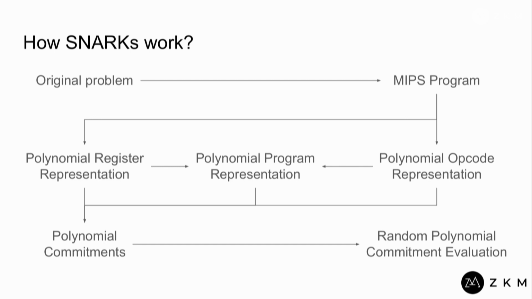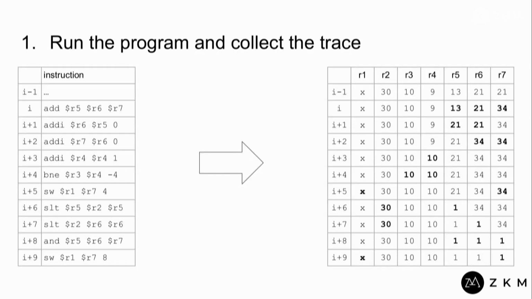Okay, thank you. Let me go through all the details with an example. The Golang high-level language can be compiled into MIPS, and we get a sequence of MIPS instructions, like the add instruction, which would be add register 5, register 6, and write the value back to register 7.